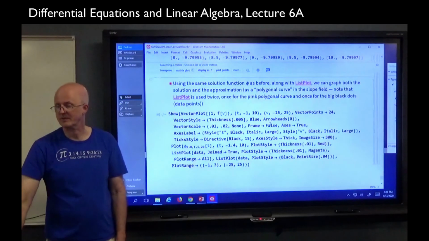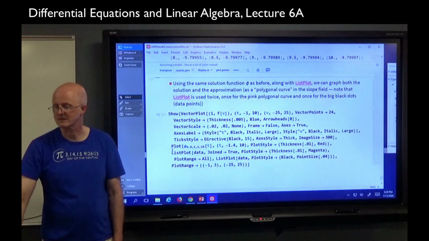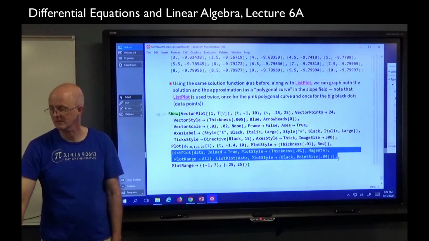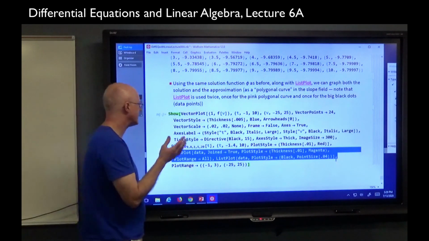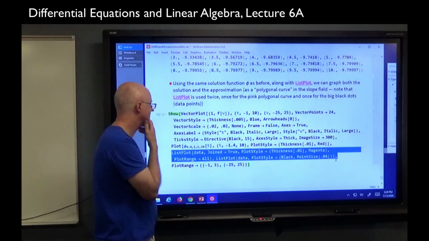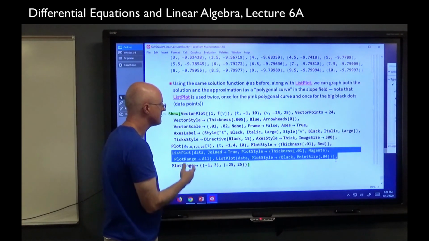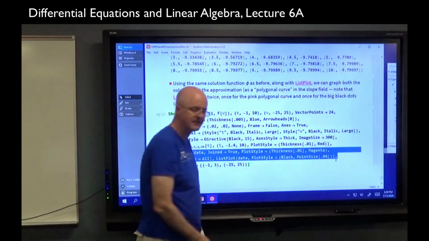Those can be plotted with something called ListPlot, which is in effect down here, actually in a couple different ways. The first way is going to join the dots, the data points. There's the Joined to True in there, and the second way is going to make big black dots for the data points.